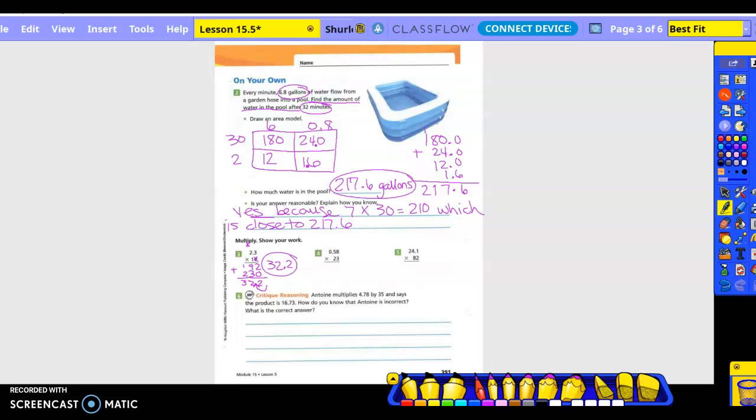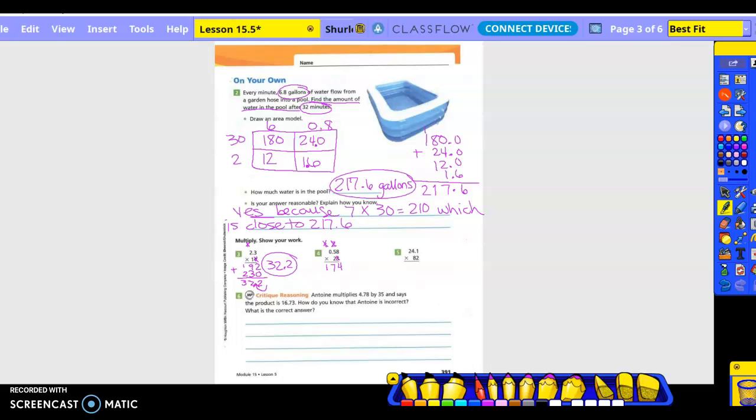Regular or picture? Regular, okay. 3 times 8 is? Put the 4, carry the 2. 3 times 5 is? Plus 2 is? 17. Put a 7, carry the 1. 3 times 0 is? 0 plus 1 is? 1. Mark off our regrouping.